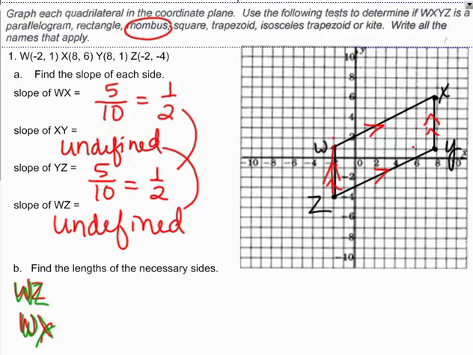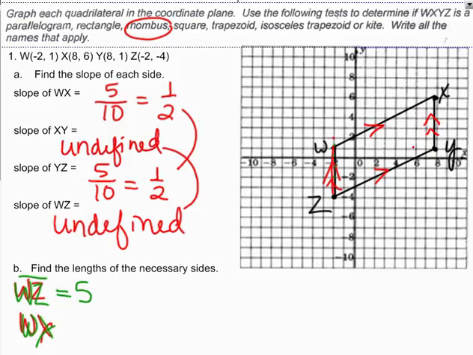In order to figure out the length of the sides, WZ is going to be easy because we can count it. It's 1, 2, 3, 4, 5. The length of WZ is 5. All right, so now if we're looking at WX, we could do the distance formula, or we could do Pythagorean theorem. And I choose Pythagorean theorem.